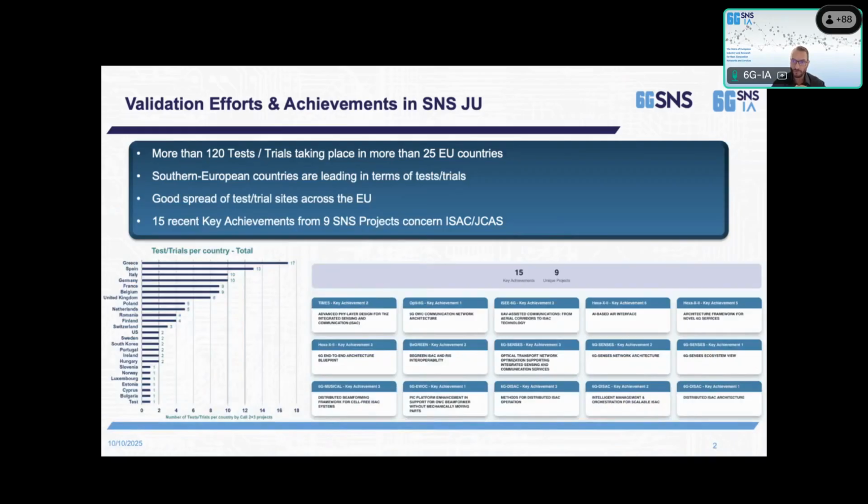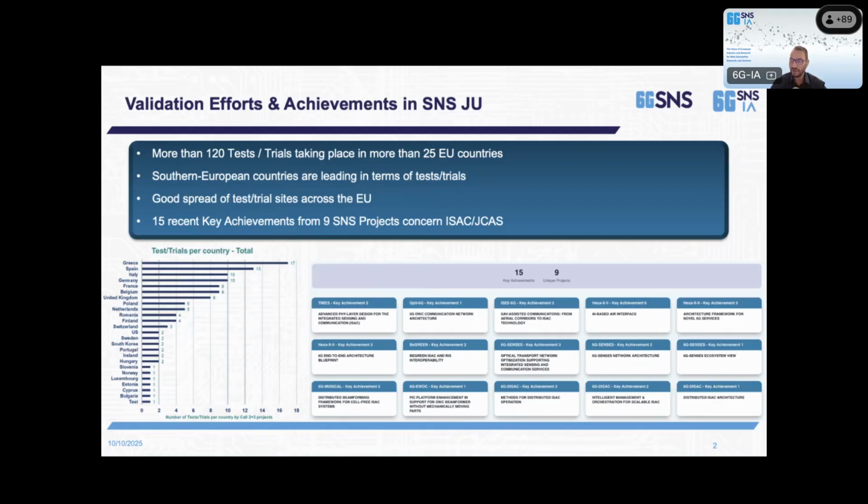We have more than 120 tests and trials taking place in more than 25 European countries, with a very strong presence in the South of Europe, but a very good spread across the entire European Union, which is very good to see that we have activities all over the continent. On the bottom right, you can see a snapshot of the key achievements mentioned by the projects that are related to ISAC and JCAS technology.